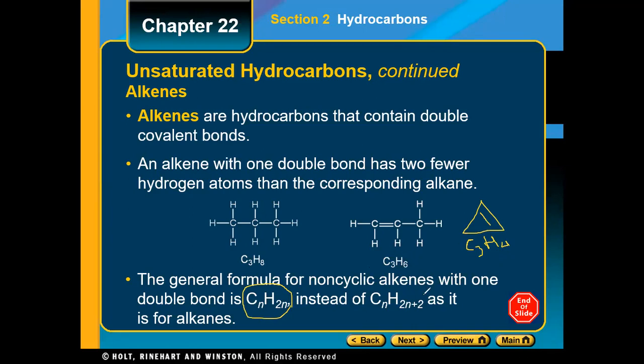Now, something else is that it says that this formula applies when you have only 1 double bond. Because if we lost 2 hydrogens for us to have a double bond here, what do you think will happen if we have a second double bond here? Are we going to still keep the same number of hydrogens? You will lose 2 more hydrogens.